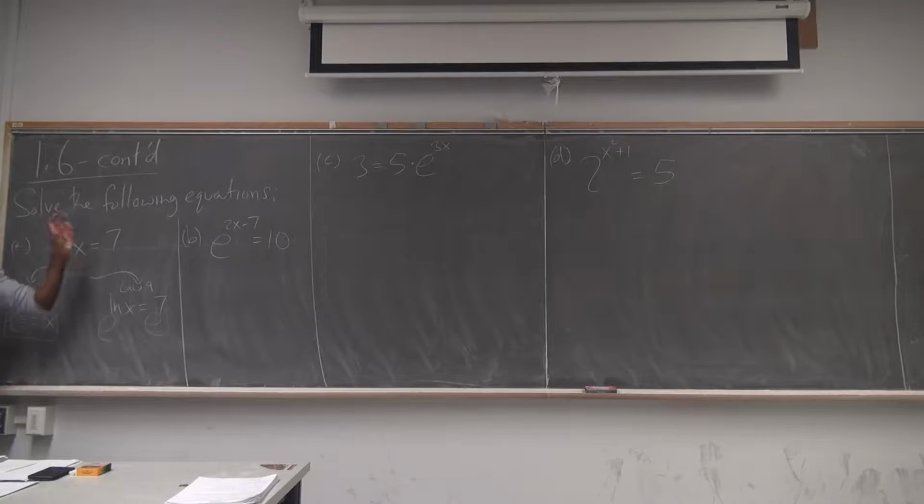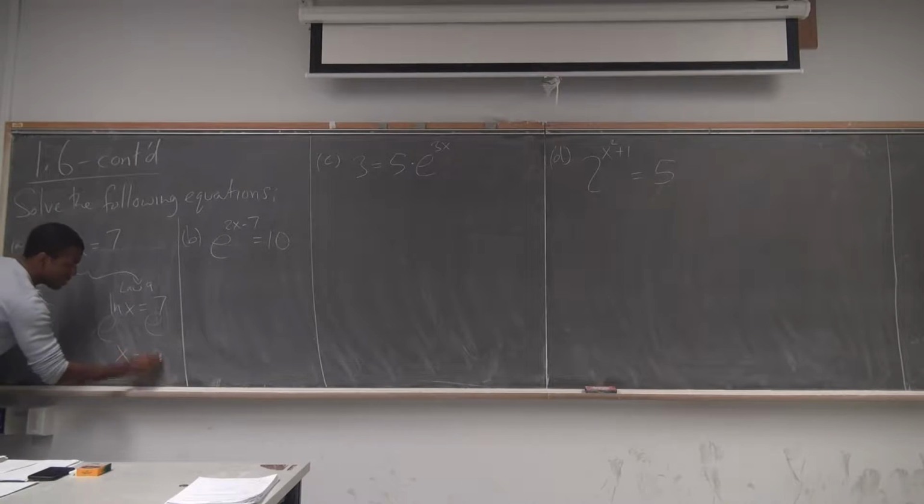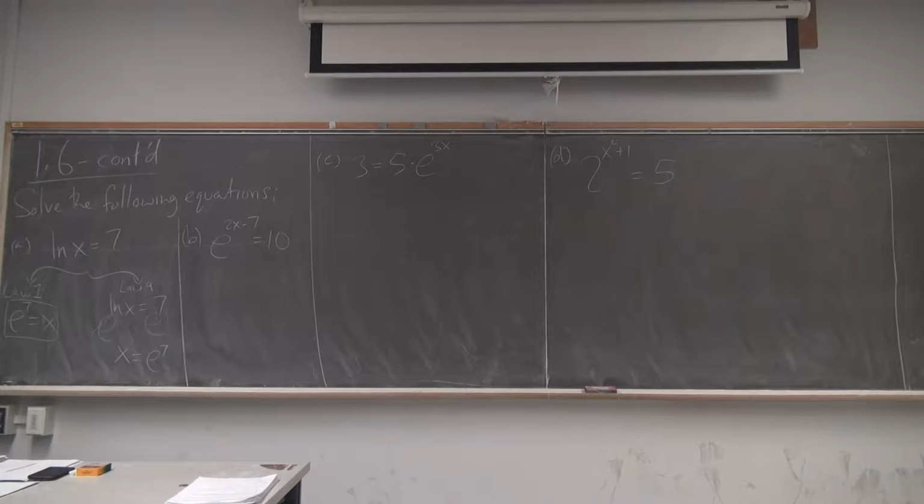And you might say, "e both sides," is the shorthand. So you e both sides, this guy would cancel, and you get x equals e to the 7. So you can use law 1 or law 9. Law 9 is a nice way to think about it because it works even in situations that look a lot more complicated than this. But either would be fine, you still end up with the answer, x equals e to the 7.